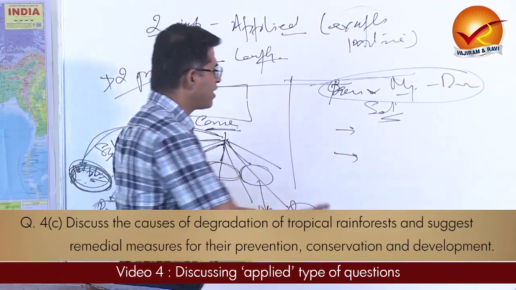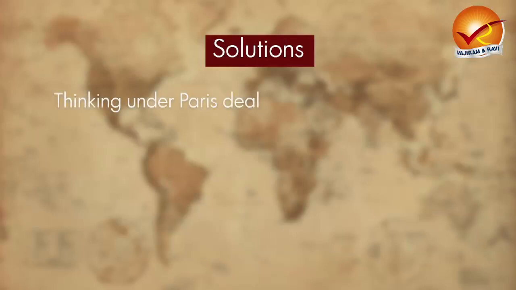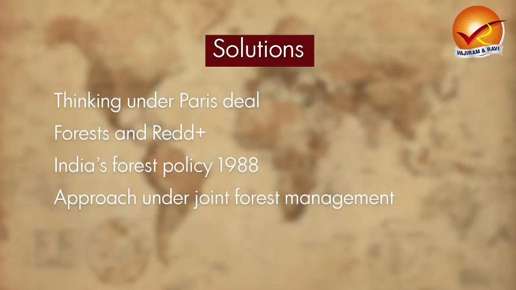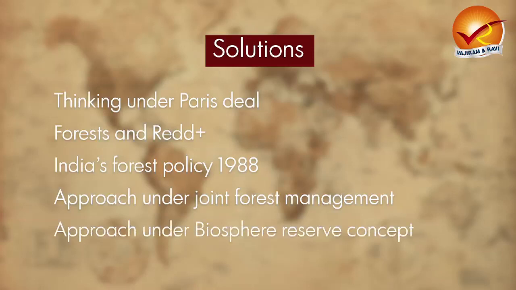Keep it specific, like what has been the thinking under the Paris deal, forests and REDD plus. Forest management under India's Forest Policy, 1988. What is the approach under joint forest management? What is the approach under the biosphere reserve concept?